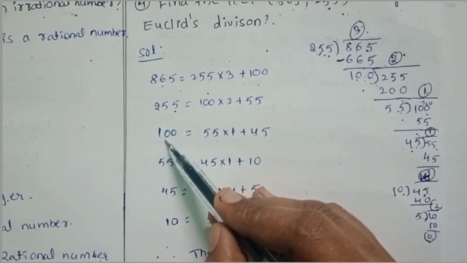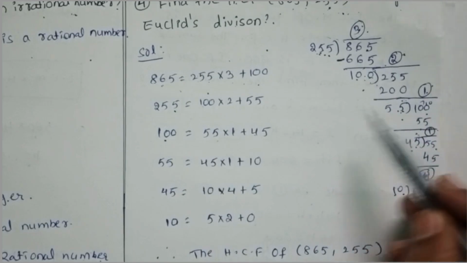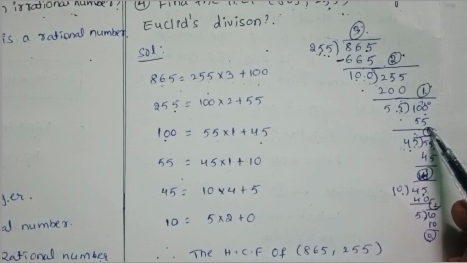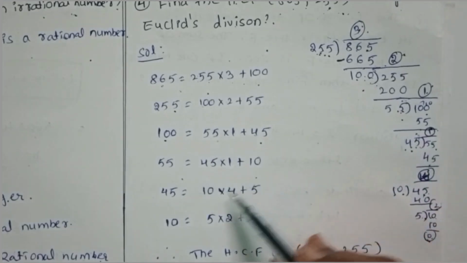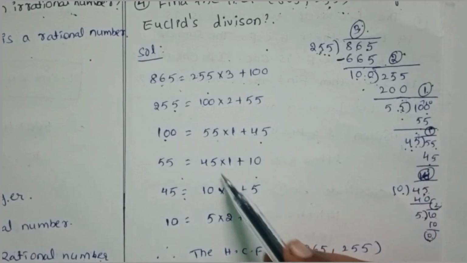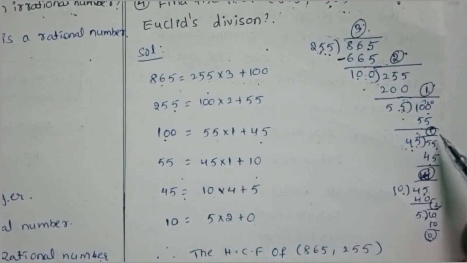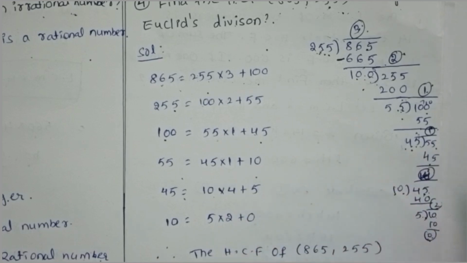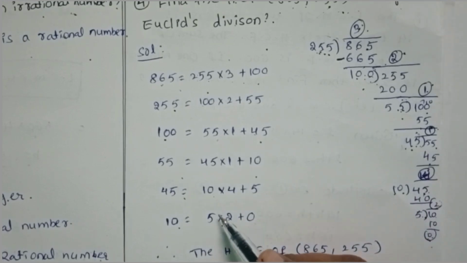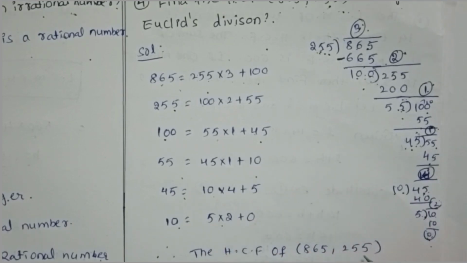Again 100 = 55 × 1 + 45. 55 = 45 × 1 + 10. 45 = 10 × 4 + 5. Next 10 = 5 × 2 + 0. So finally the HCF of 865 and 255 is 5.